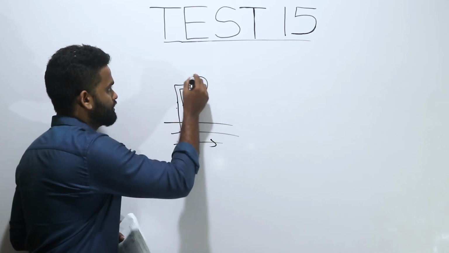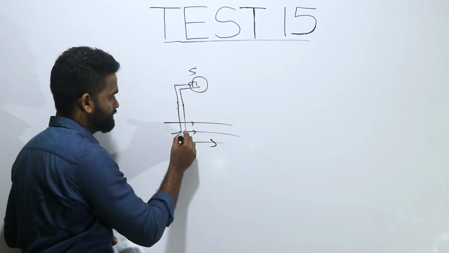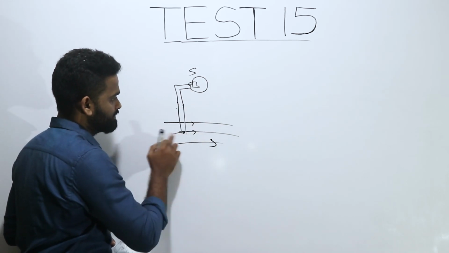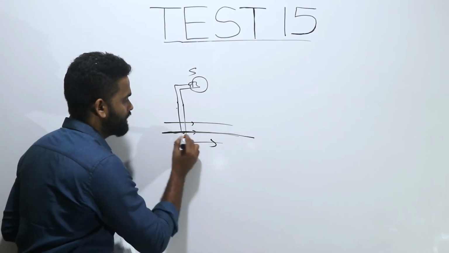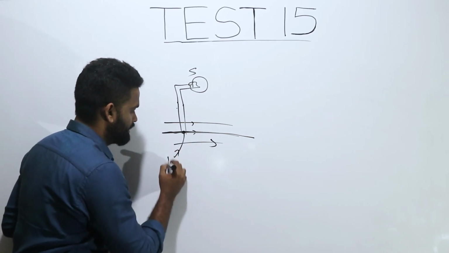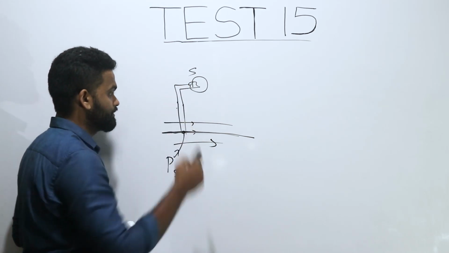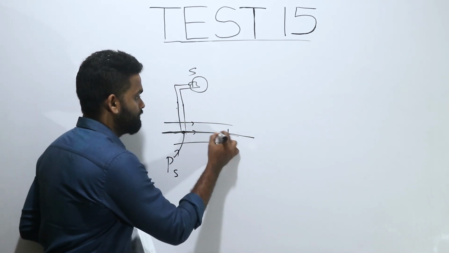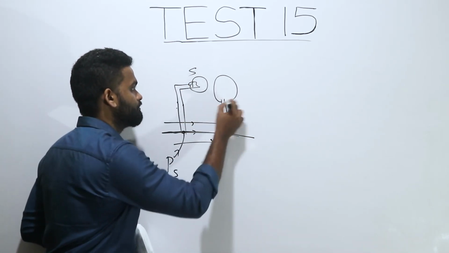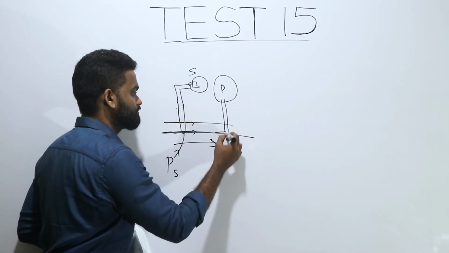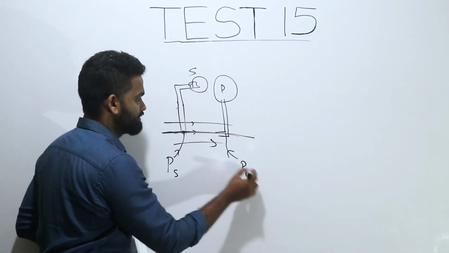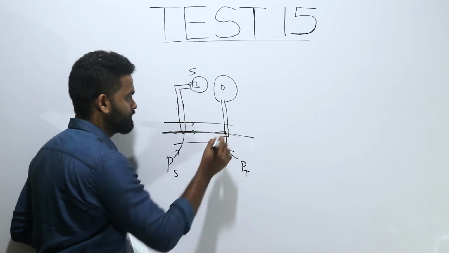Here you measure the pressure as PS. If you consider this a streamline, the pressure here is PS, which is read by this pressure meter. Then the pressure here is PT. Just consider along one streamline.